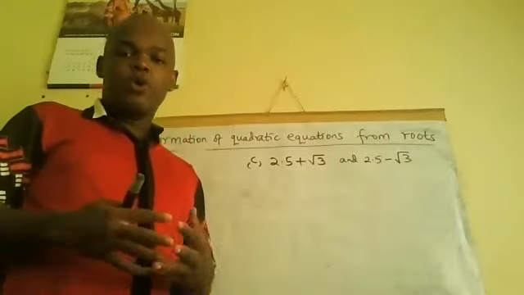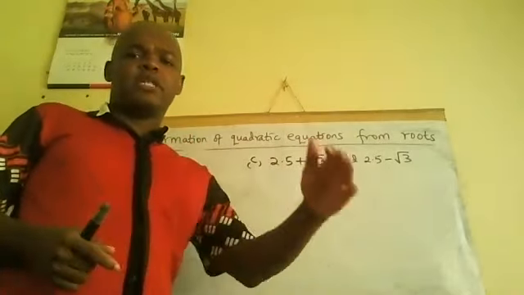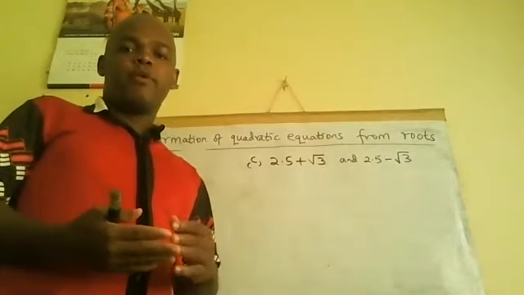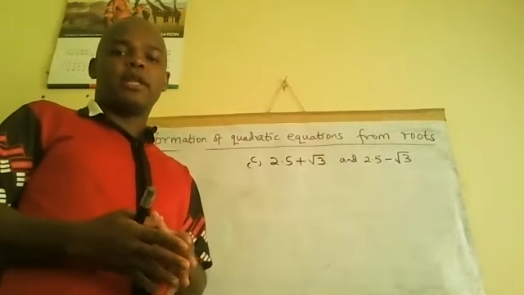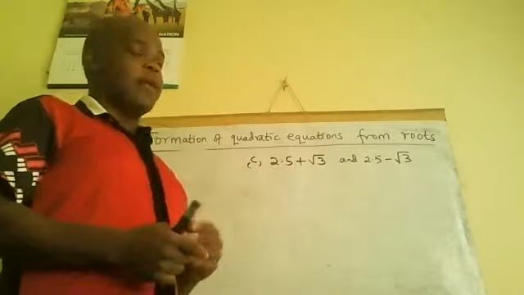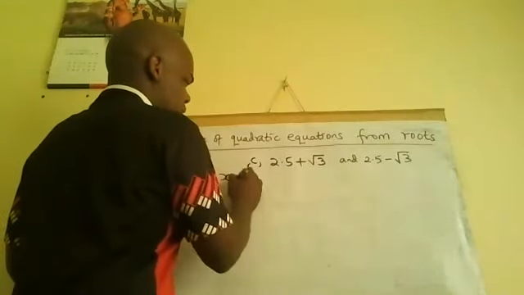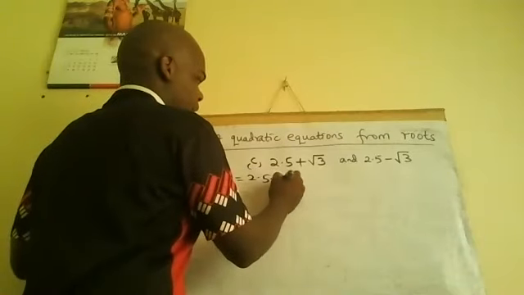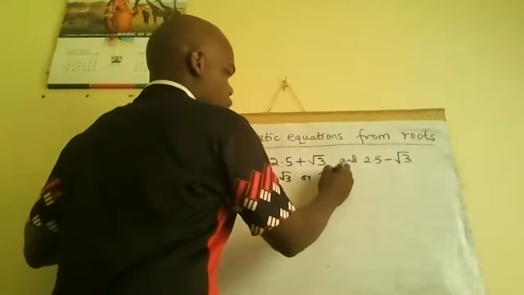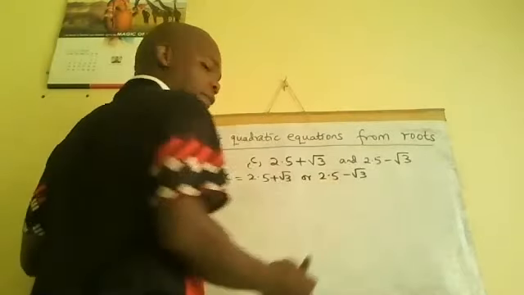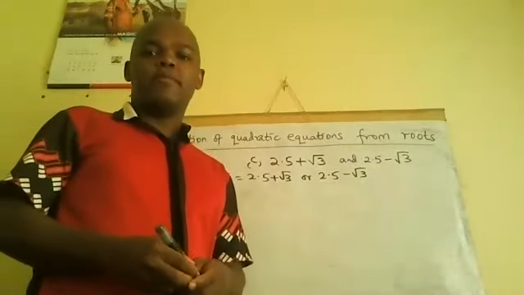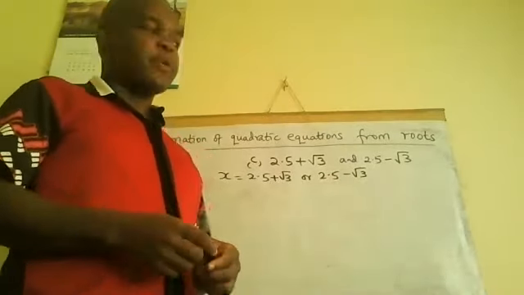Remember, the way we organize this is that we start with the very simple question, then moderate, then lastly we move to the challenging one. So this one: x is equal to 2.5 plus square root of 3, or 2.5 minus square root of 3. If something is not clear, you just tell me, and then I'll repeat.